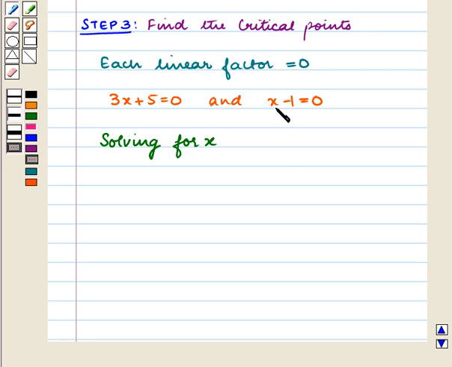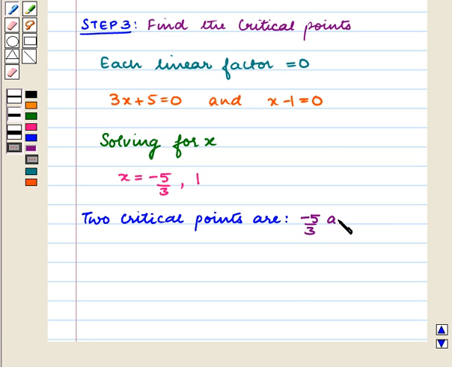On solving these linear factors for x, we get x is equal to minus 5 by 3 and 1. So, the two critical points are minus 5 by 3 and 1.